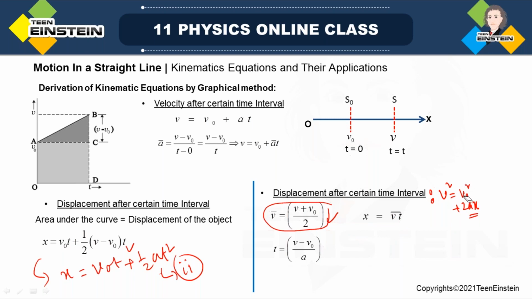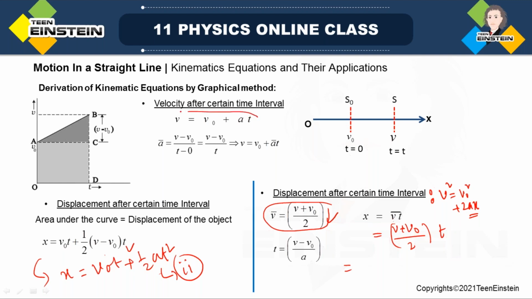Okay. Now I'll just put this in this equation itself. So v average is v plus v0 by 2, into t. This is the v average into t.